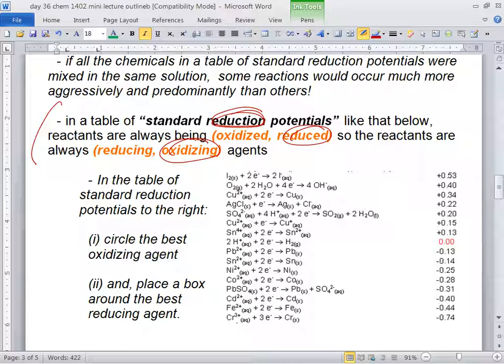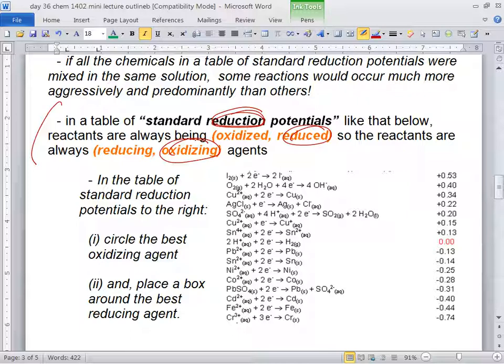What did you circle? Think of it this way: if it's an oxidizing agent, it has to be getting reduced.